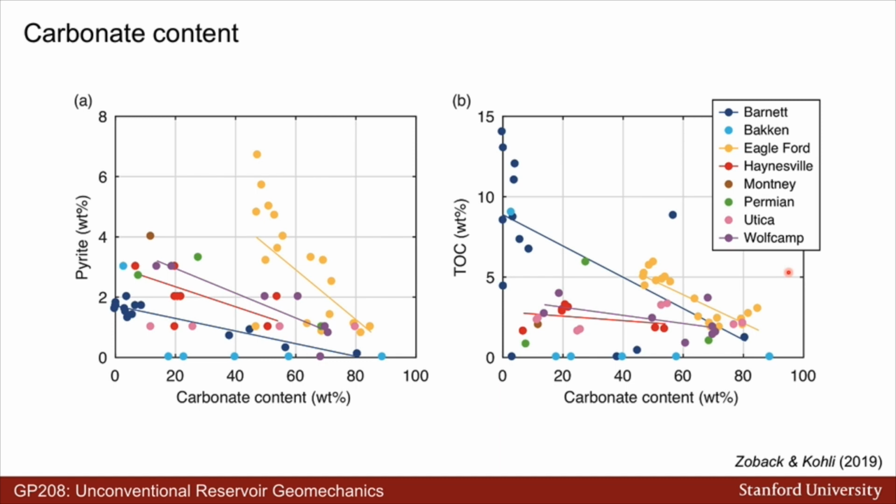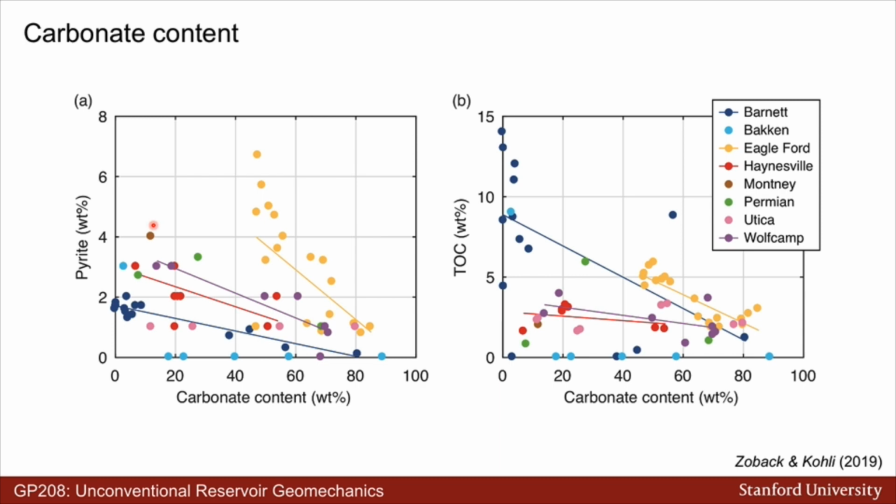If we think about the deposition of these rocks in oceans or shallow seas, the conditions under which you get high total organic content and the conditions under which you get high pyrite are the same. Anoxic burial conditions mean deep water depositional conditions where the water is so anoxic that you can preserve organic matter.